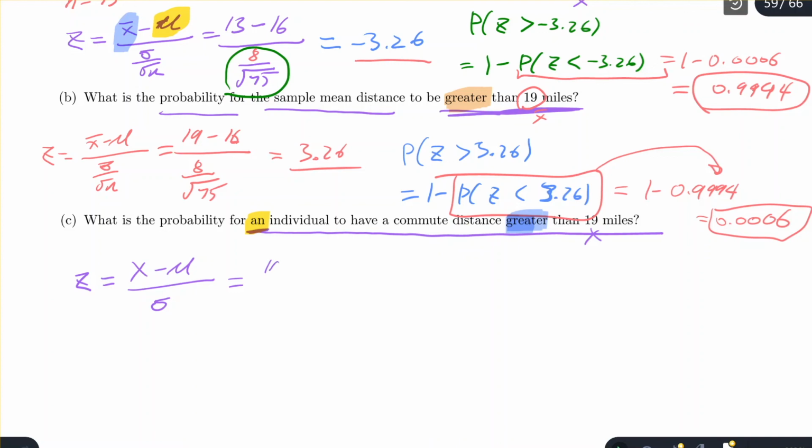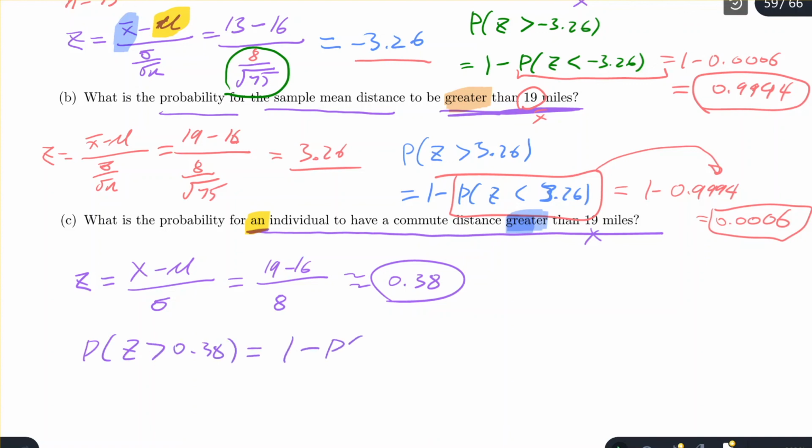X here is 19 minus the population mean 16, divided by standard deviation 8, which gives us about 0.38. So I'm finding the probability of z greater than 0.38, which is 1 minus the probability z less than 0.38.